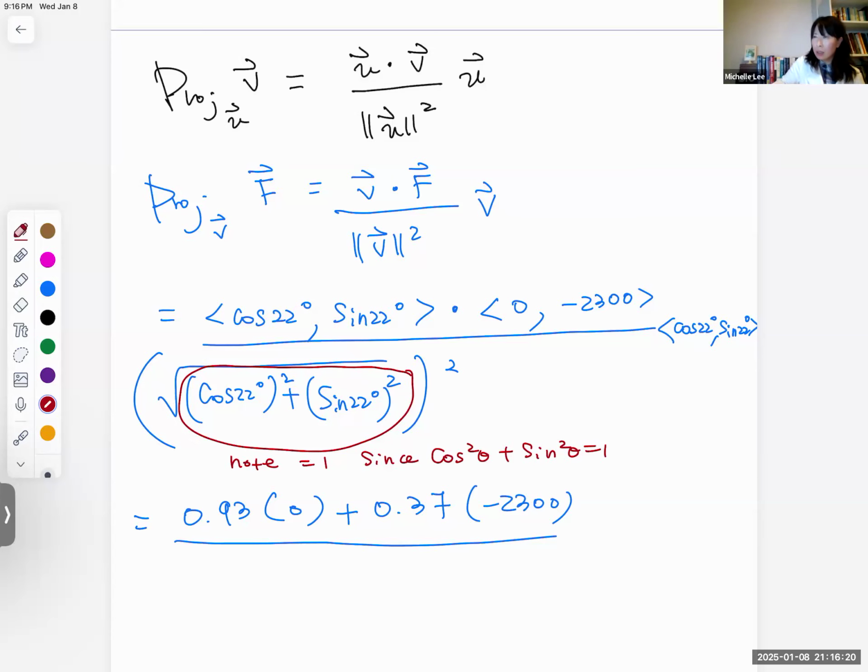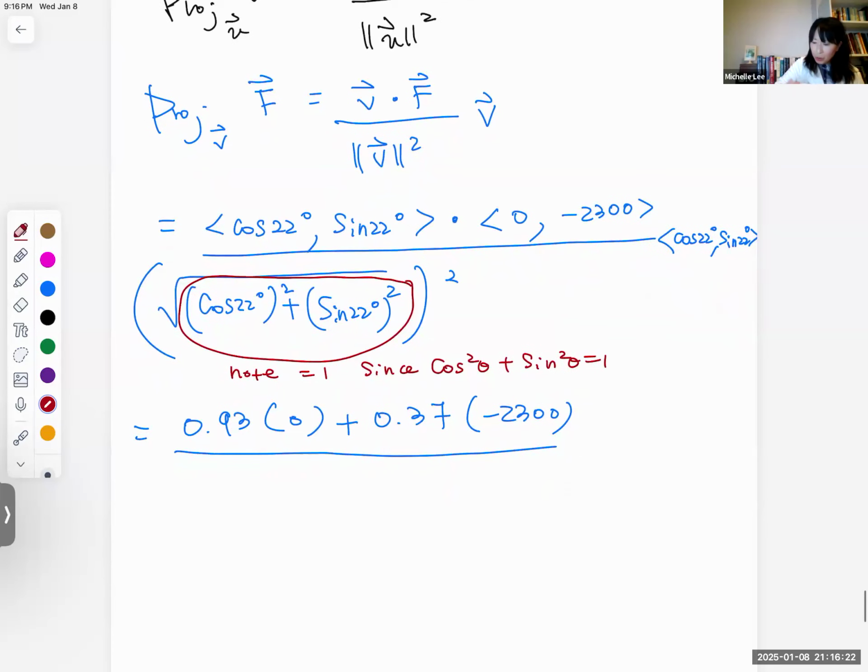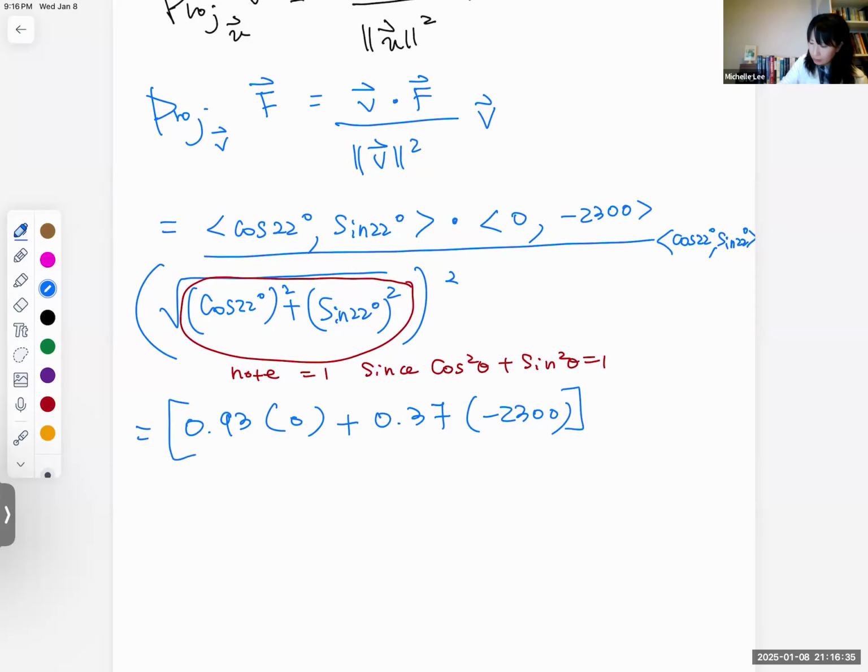Then the denominator is 1. We don't have to calculate. And cosine 22, we have the number, just forget it.